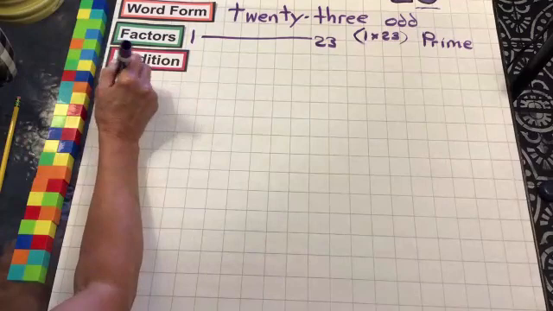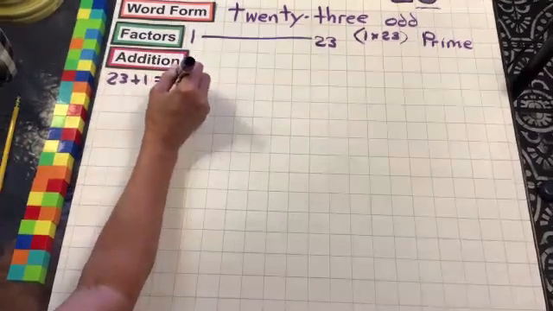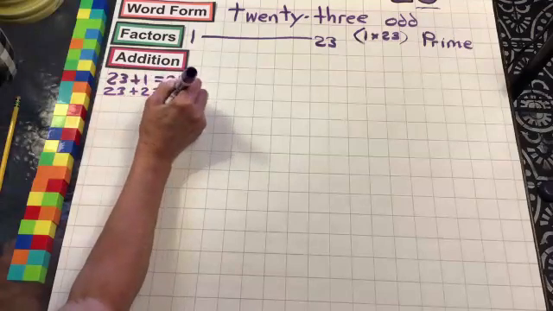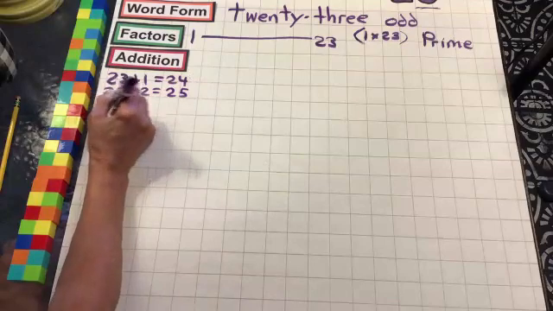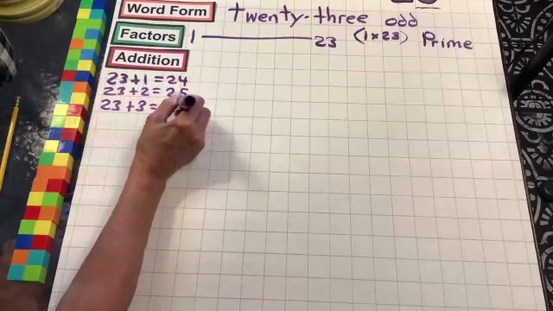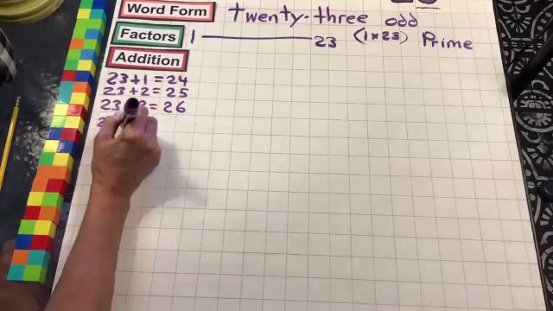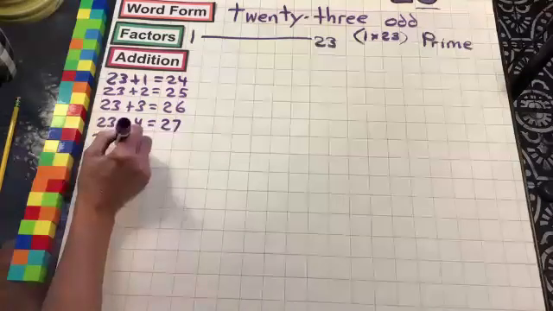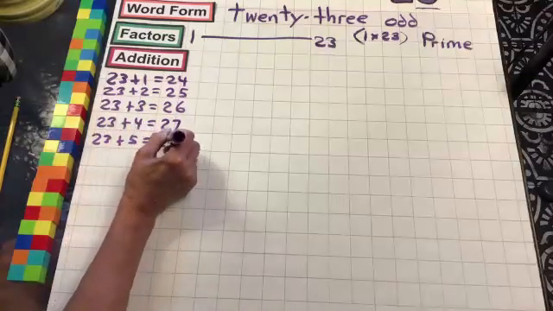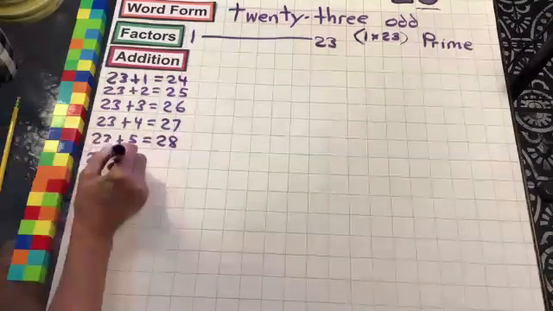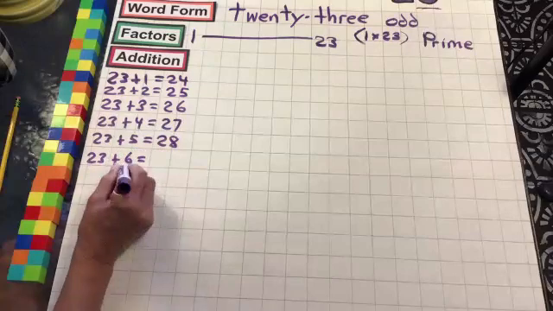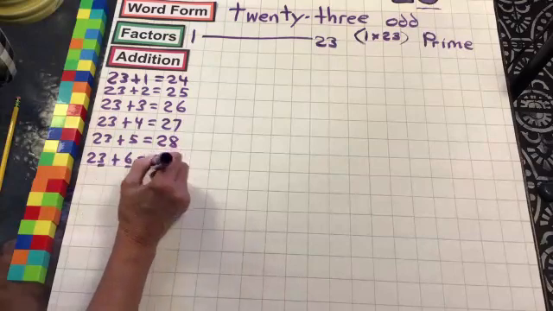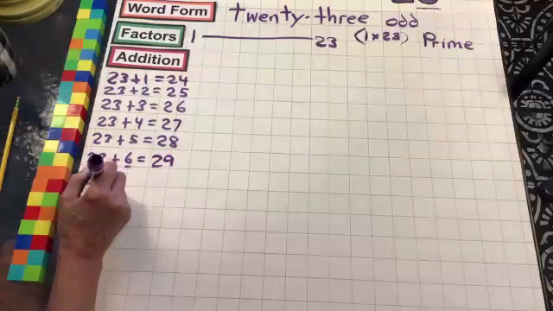So we have 23 plus 1 equals 24. 23 plus 2 equals 25. 23 plus 3 equals 26. 23 plus 4 equals 27. 23 plus 5 equals 28. 23 plus 6 equals, and remember, we're just adding the ones place because there's no added tens place, so that would be 29. 23 plus 7.